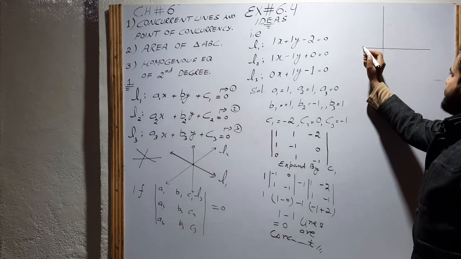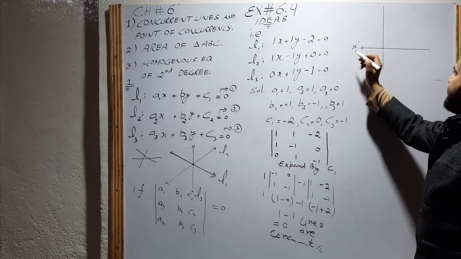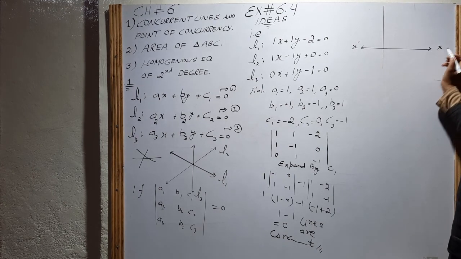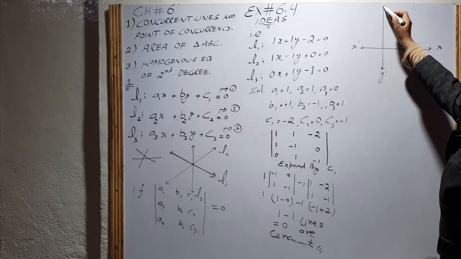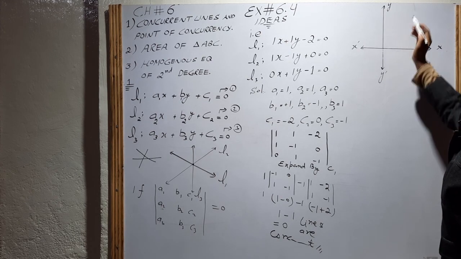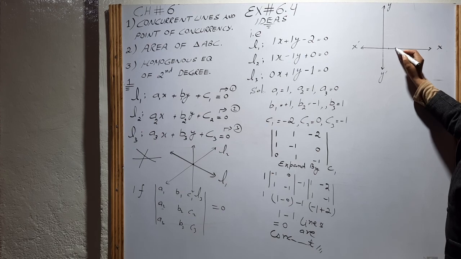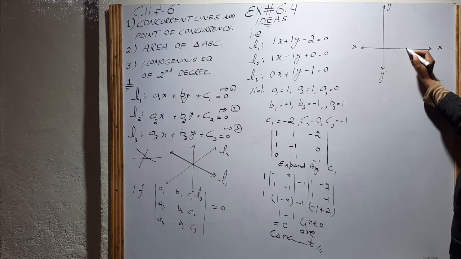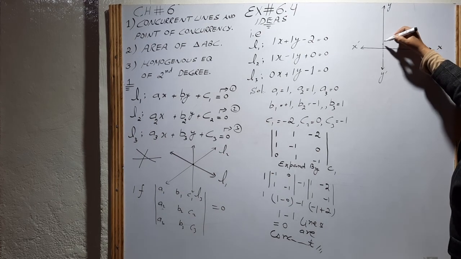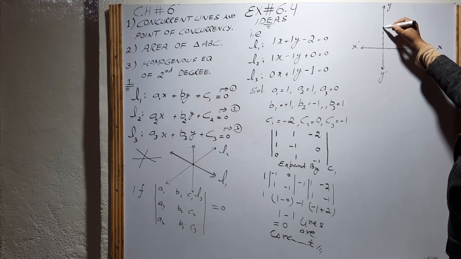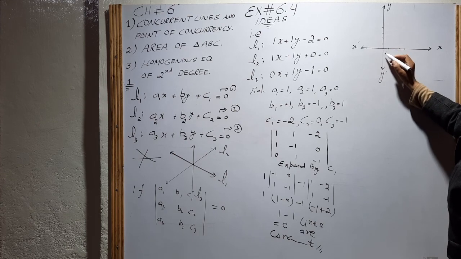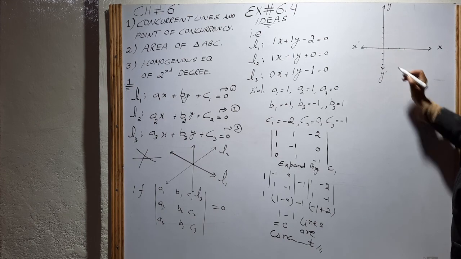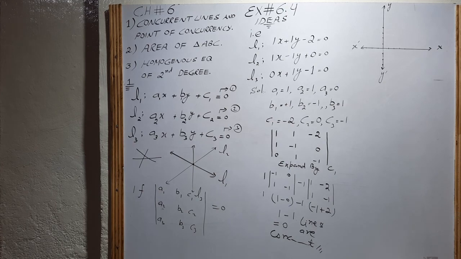Simply say this is x prime, this is x, this is y prime, and this is y. For example, there are 1 unit, 2 units, 3 units, 4 units. Similarly 1, 2, 3, 4, and there is -1, -2, -3, and -1, -2 and -3. Now we draw the graph of all these lines.